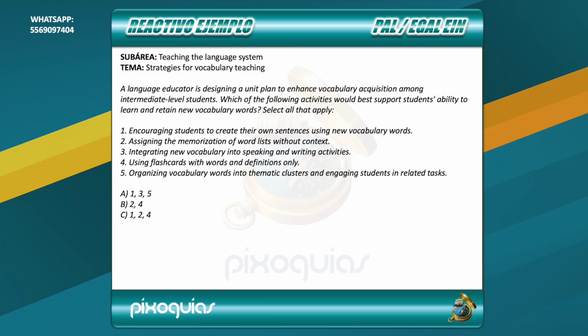Assigning the memorization of word lists without context. 3. Integrating new vocabulary into speaking and writing activities. 4. Using flashcards with words and definitions only. And 5. Organizing vocabulary words into thematic clusters and engaging students in related tasks.